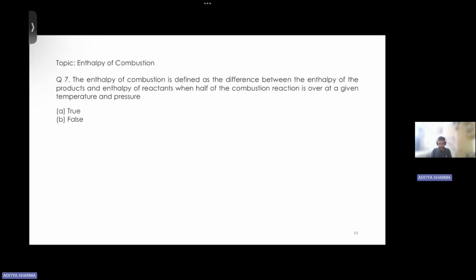This says that the enthalpy of combustion is defined as the difference between the enthalpy of the products and the enthalpy of reactants when half of the combustion reaction is over at a given temperature and pressure. So whether this is correct or not.